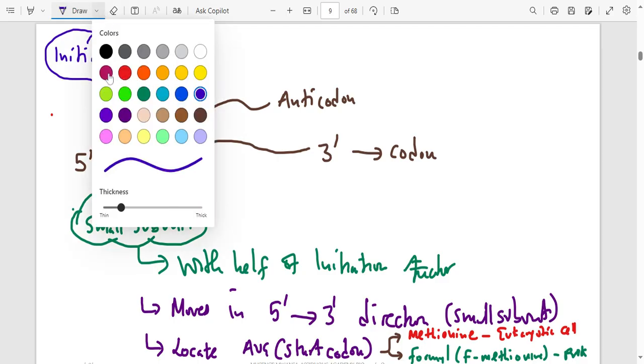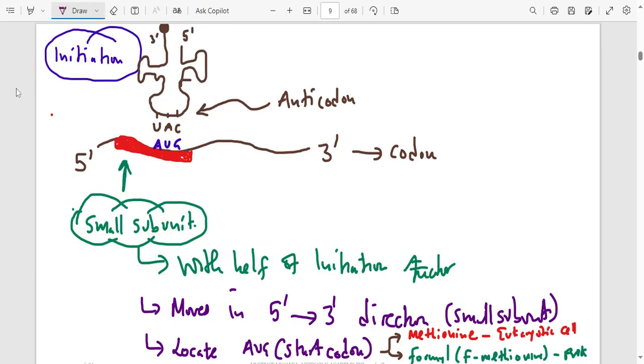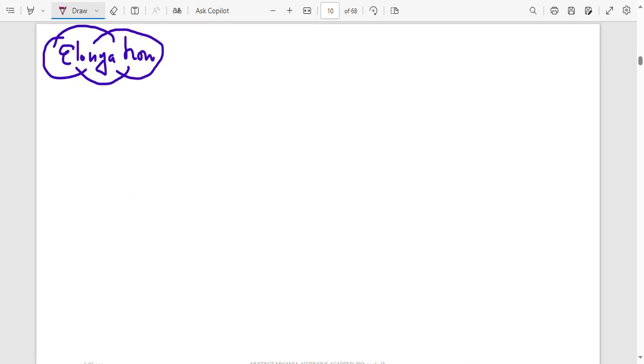All right. So this is initiation. Now the next step is going to be elongation. So now in elongation, what is happening? Remember, this is still our mRNA here. Let me try to write it a bit straight. This is our 5 prime end. This is our 3 prime end.